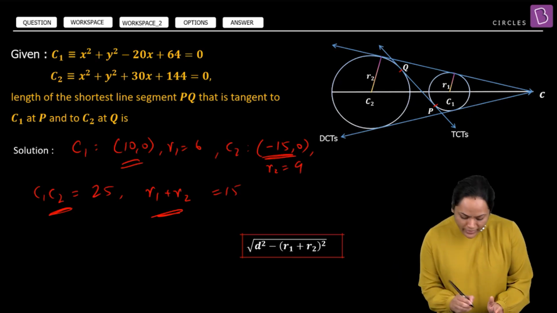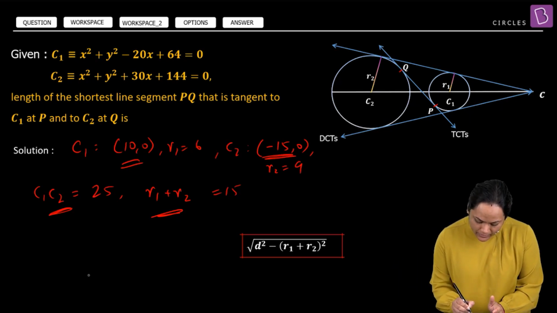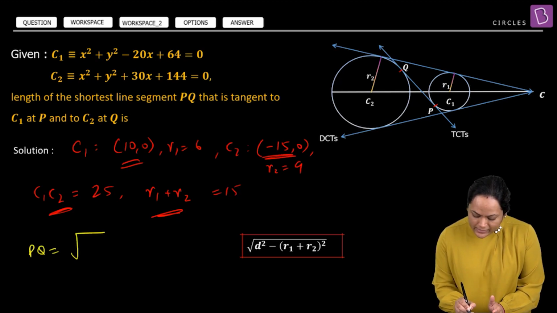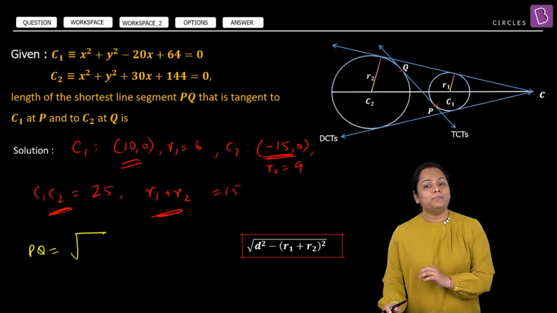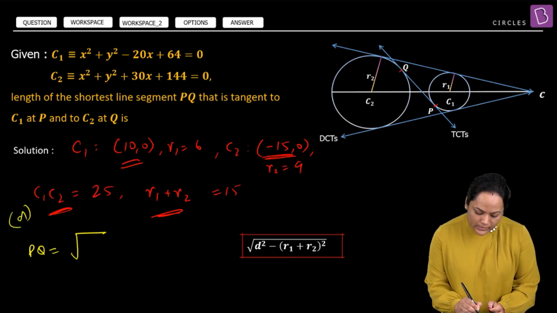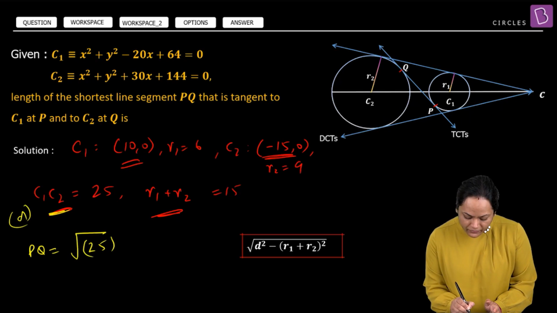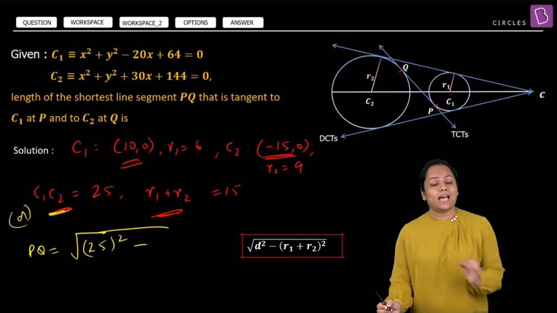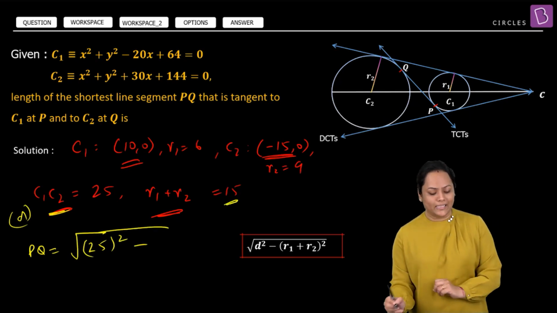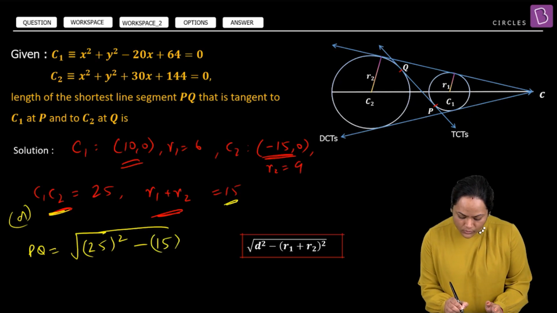So if I want to find the length of this segment PQ, in this case it will be d square. What is d? Well, it is the distance between the centers, which we have already found out. That is 25 whole square minus (r1 plus r2) whole square. In this case, it is 15 whole square.